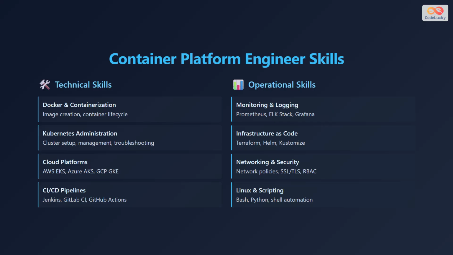Operational skills include monitoring and logging with Prometheus and the ELK stack, infrastructure as code using Terraform and Helm, networking and security with network policies and role-based access control, and Linux and shell scripting with Bash and Python.